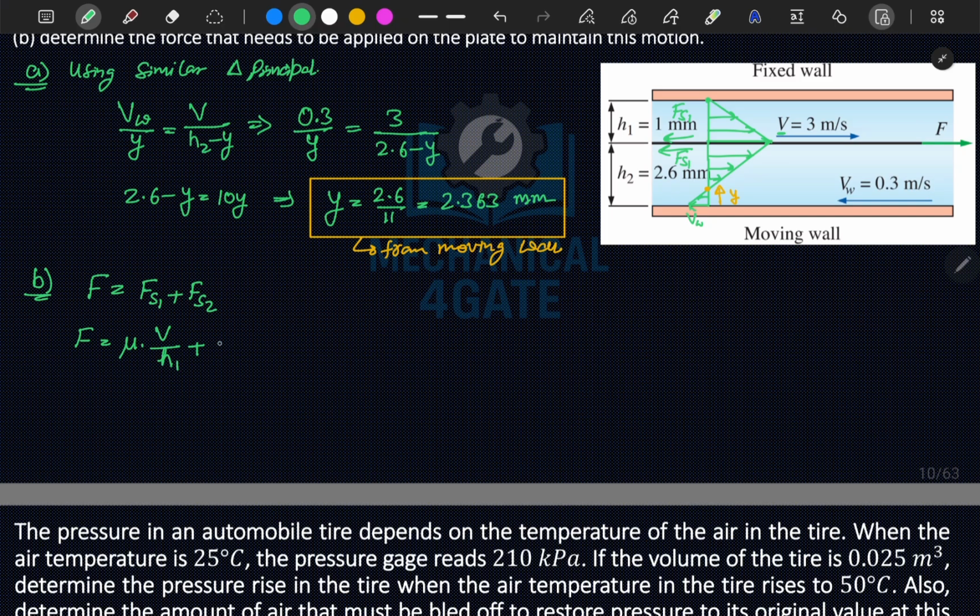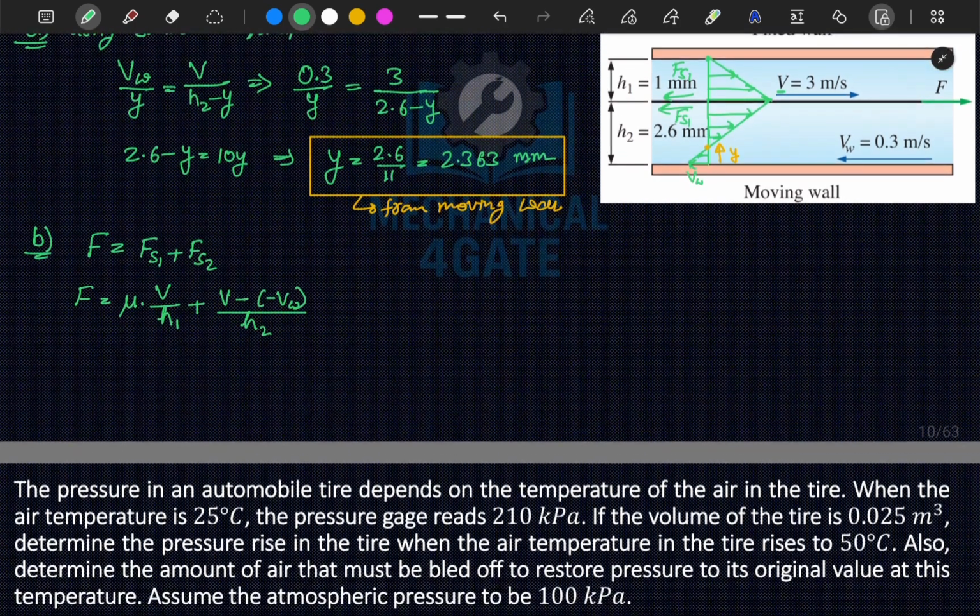So this is V minus, and since VW is in the opposite direction, V minus of minus VW, divided by the height H2. And of course I forgot about the area A. This is shear stress into area A.